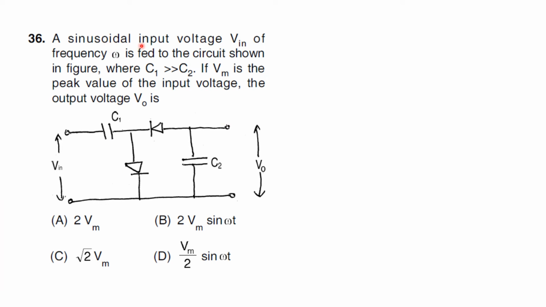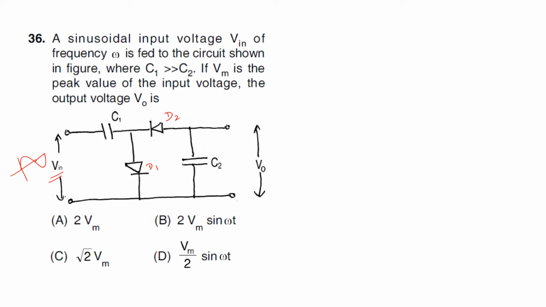A sinusoidal input voltage Vin of frequency omega is fed to the circuit shown in the figure, where C1 is greater than C2. If Vm is the peak value of input voltage, the output voltage V0 is. Consider this as diode D1 and this one as diode D2.